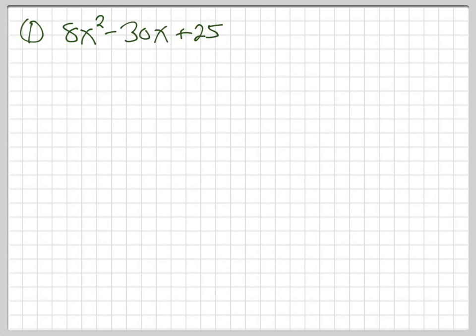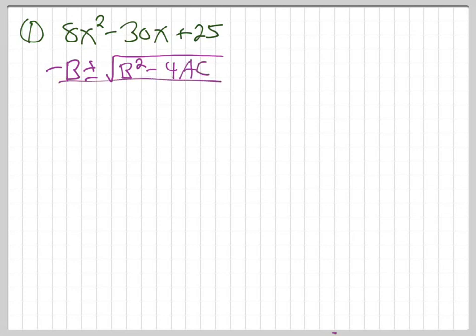All right, so now I'm going to do the quad. Remember the quad, negative b plus or minus square root b squared minus 4ac all over 2a. This is a. This is b here. This is c here. Okay. Now let's plug in the stuff.